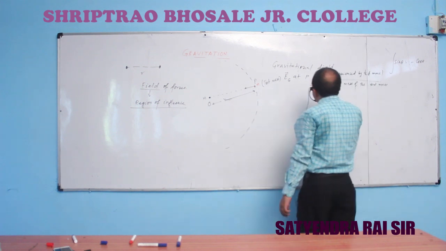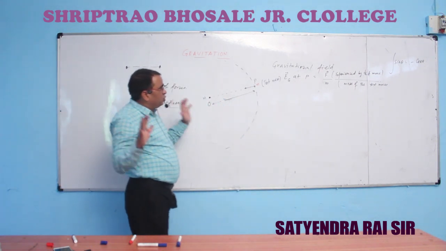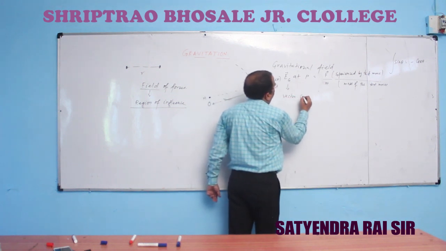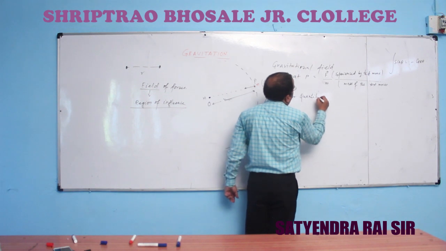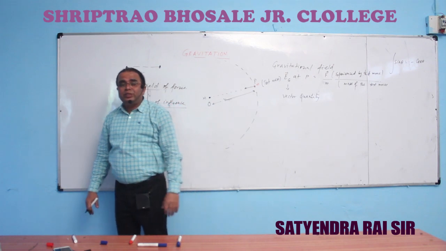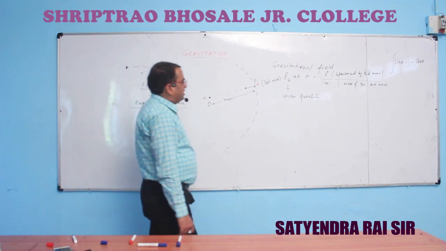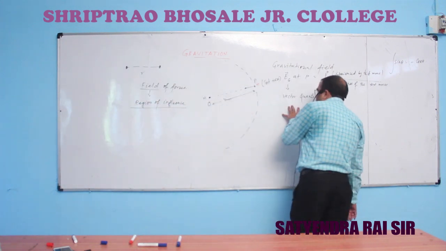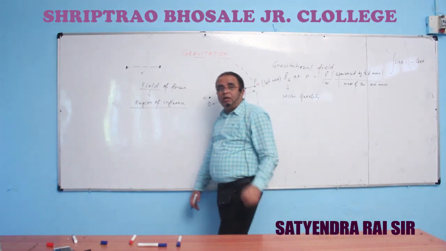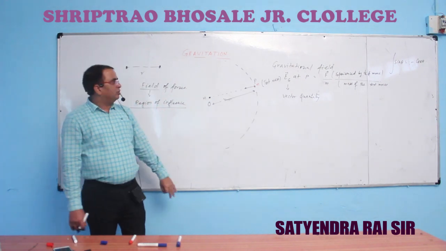Since force is a vector quantity, the field is also a vector quantity. It should be treated like force and other vectors, and we can't use it like a scalar. We must remember that it has a magnitude as well as a particular direction.